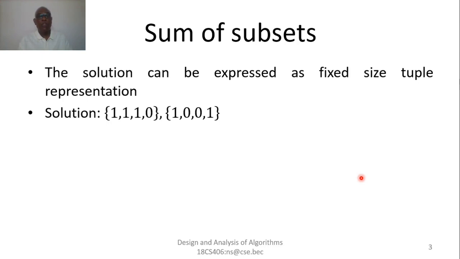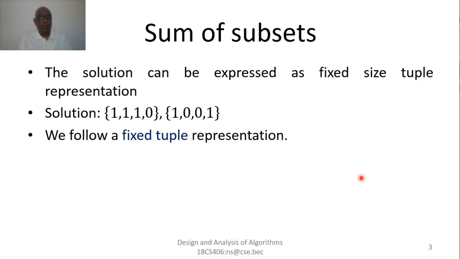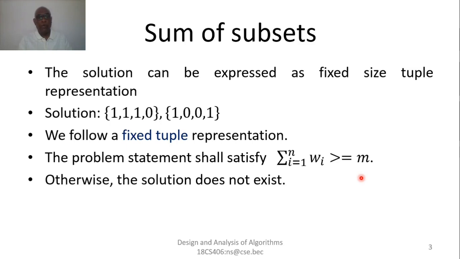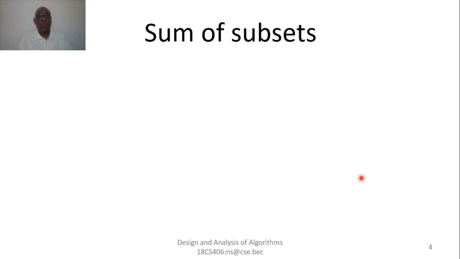And the second solution says 1, 0, 0, 1, which means that the first weight is included and the fourth weight is included, but the second and third weights are excluded. Now in this lecture, we follow the fixed tuple representation. Of course, as I said earlier, the problem statement shall always satisfy that the sum of all the weights given should be greater than or equal to m, without which the solution for the problem does not exist.